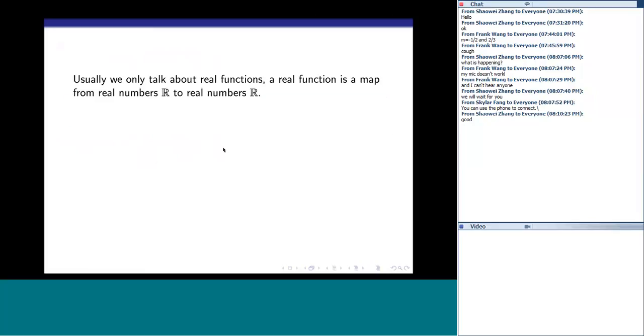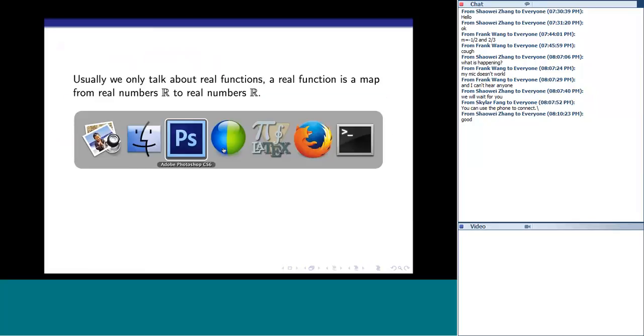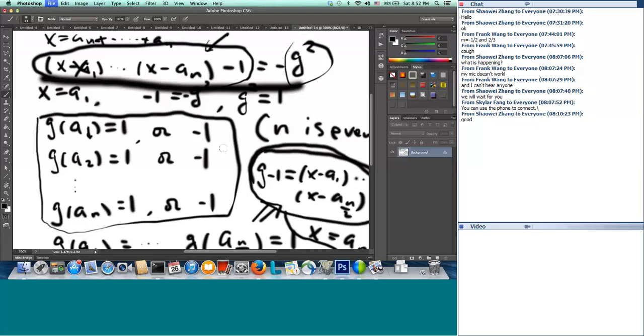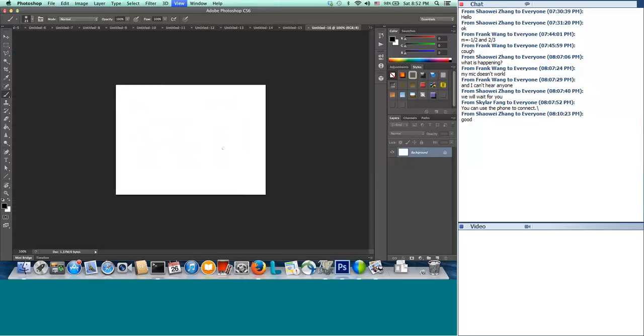Skyline back. Skyline not here. Yeah, I'm back.